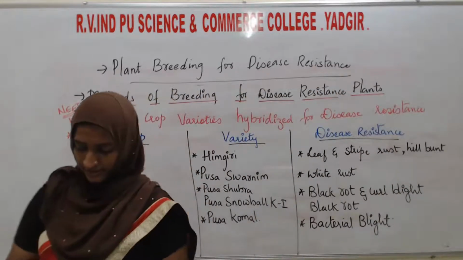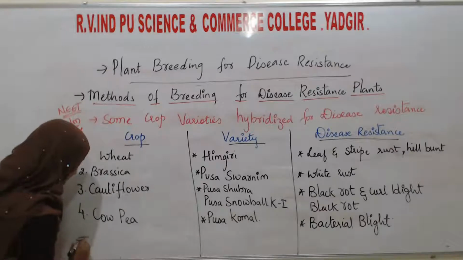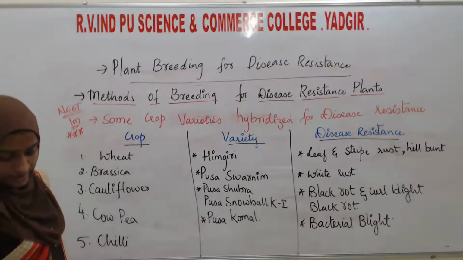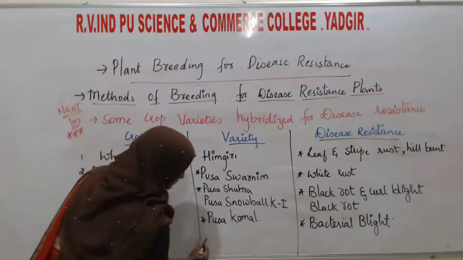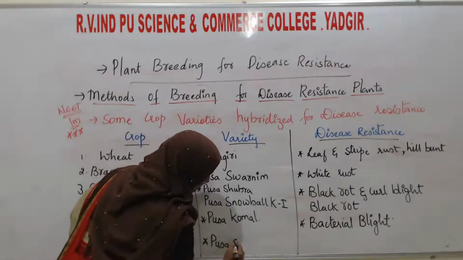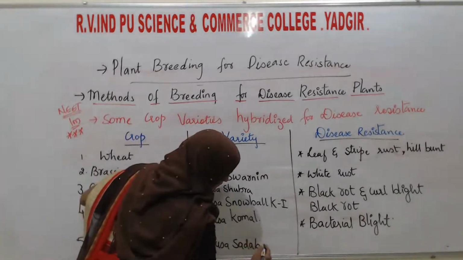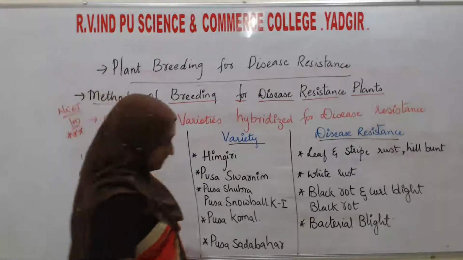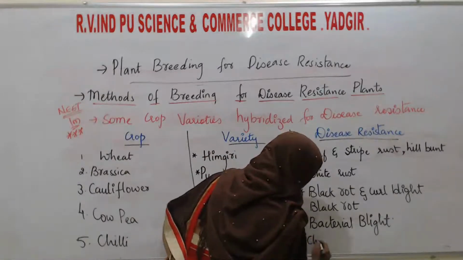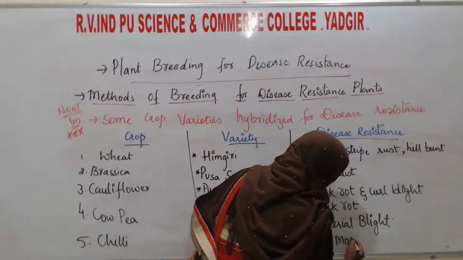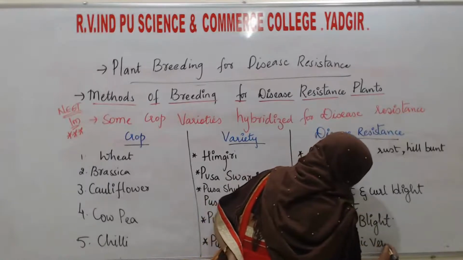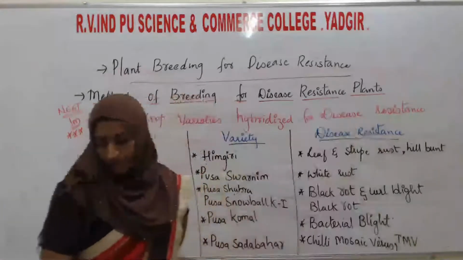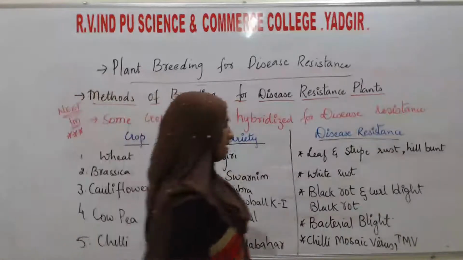The next, that is the fifth one, that is chili. Okay, what is the variety means Pusa sadabahar. And what is the disease resistance means chili mosaic virus. Okay, one more, that is tobacco mosaic virus, and leaf curl.